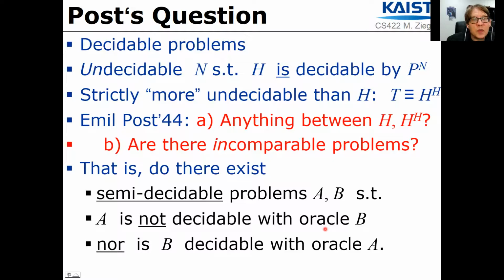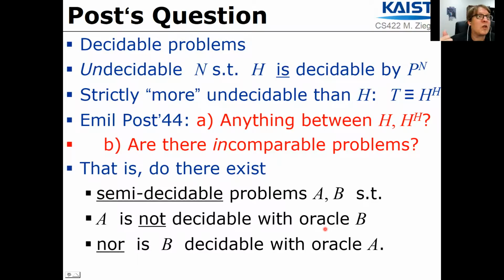So Post's question from this abstract level was about the degree structure, using the notion of reduction we've just introduced, a partial order. The second question of Post basically says, is it a total order? Means, can any two problems be compared?